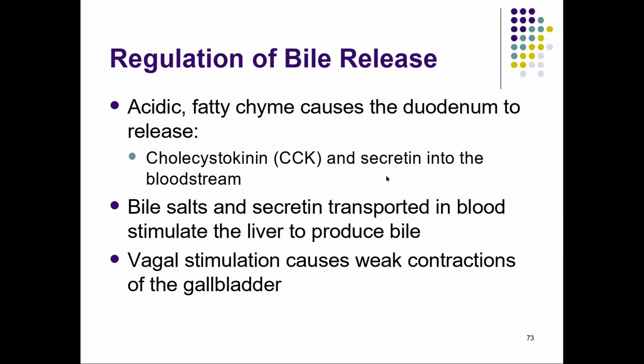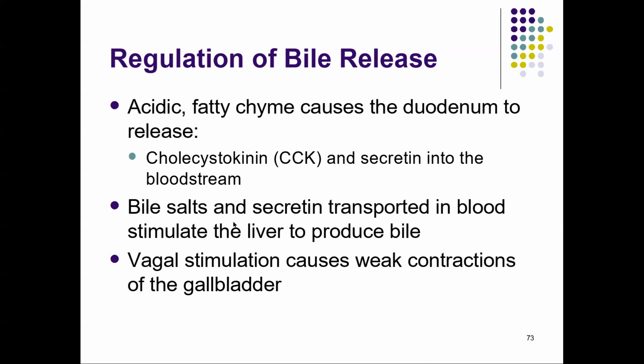Okay? And the reason it has to go into the blood, of course, is because they have to travel to the liver. There's no direct blood connection between that part of the small intestine and the liver. So you secrete into the blood, CCK, which then makes its way to the liver.